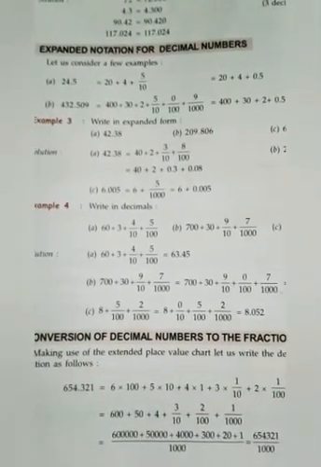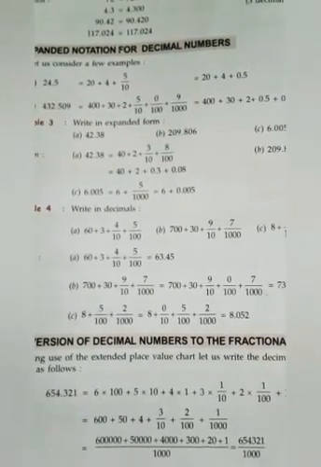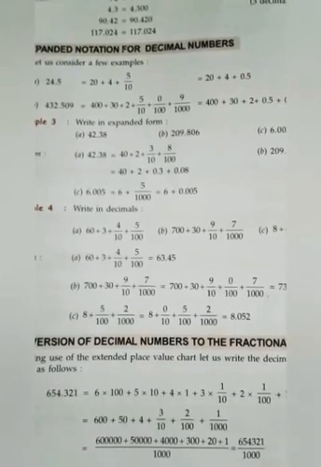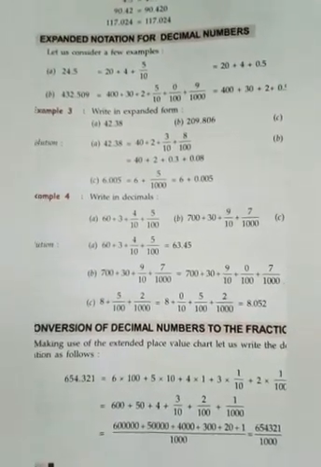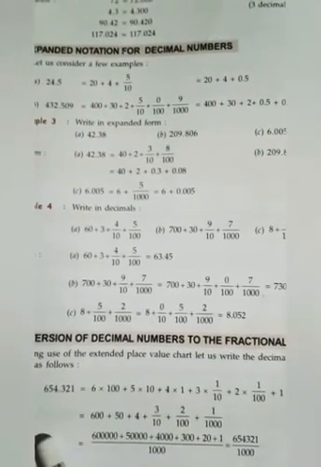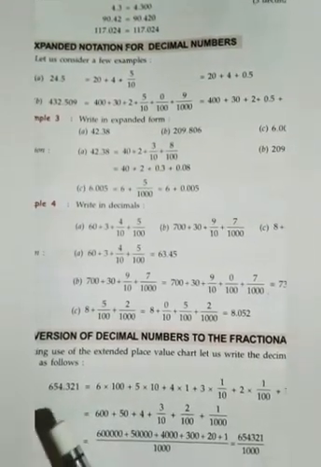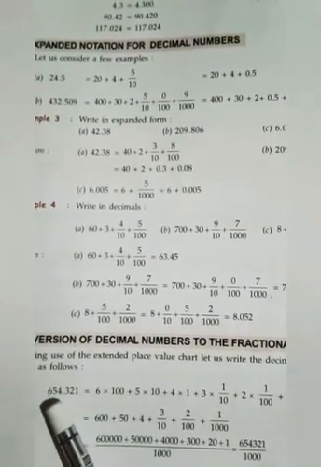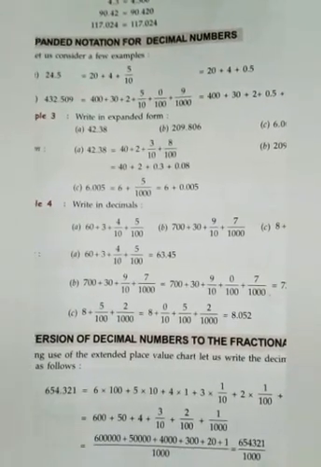Making use of the extended place value chart, let us write the decimal number 654.321 in expanded notation as follows. Here we have to convert into fractional form. Children, you see 6 means 100's place, 5 means 10's place and 4 means 1's place.